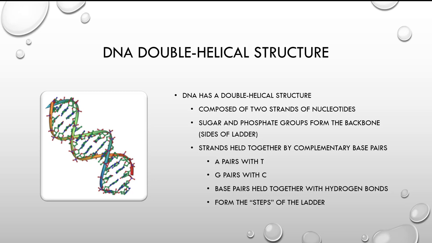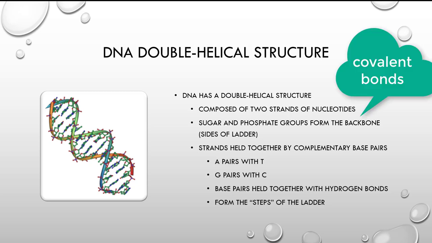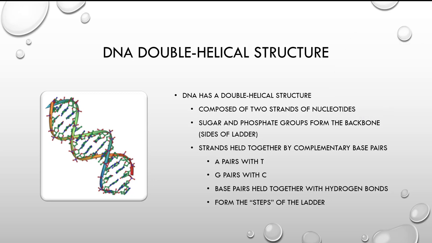So they will be attaching, detaching a lot. But the sugar phosphate backbone, the sugar from one nearby nucleotide attached to the phosphate of the other nucleotide, are held together by covalent bonds. And because they are held together by covalent bonds, those are strong bonds. And so the backbone is strong. The rungs of the ladder are held together by hydrogen bonds, which are weak.